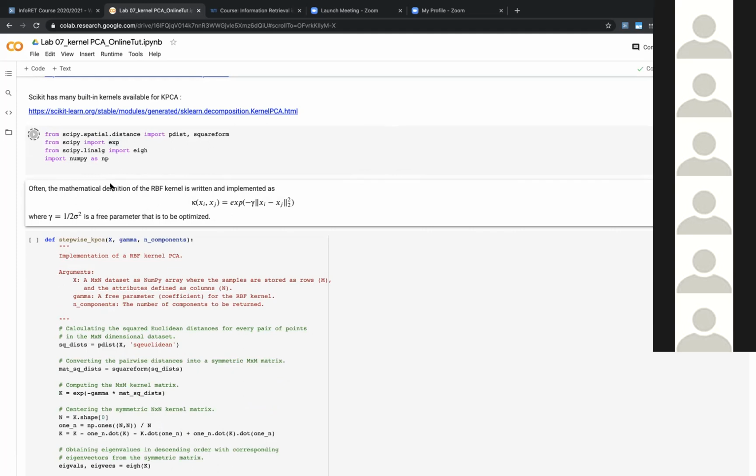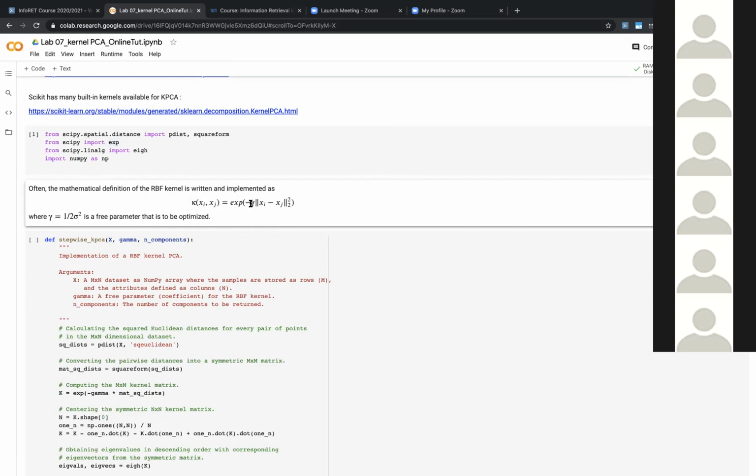So first we will go through the mathematical definition of the RBF kernel, and we will try to implement that. The definition is quite simple. You have xi minus xj, the two input vectors, and you compute this element-wise.